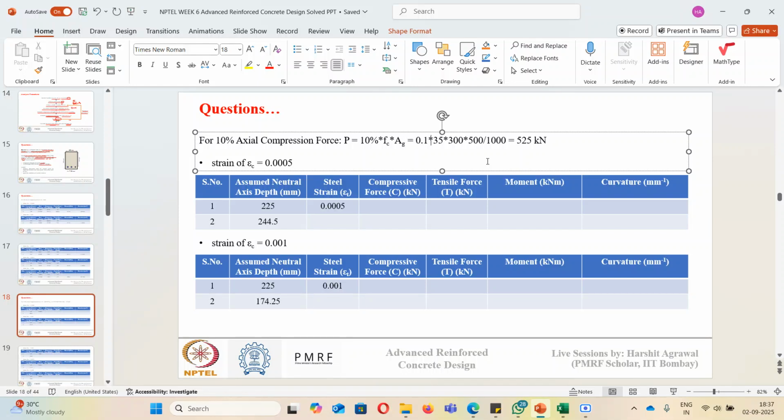So it is 0.1 into 35. Okay, grade of concrete it is 35 MPa. Okay, and total area of concrete it is the total depth times the width, so 300 times 500, and I have divided by 1000 to convert Newton into kilonewton. So this axial compression element 10%, it will come out to be 525.